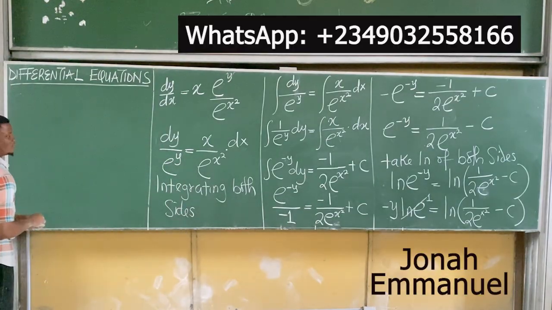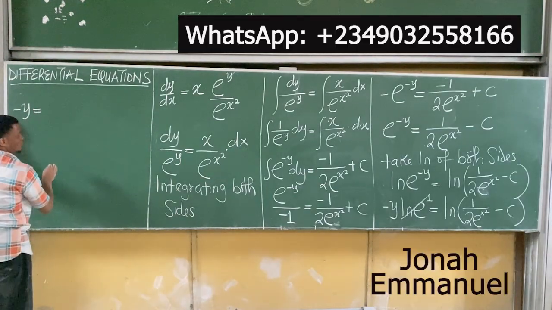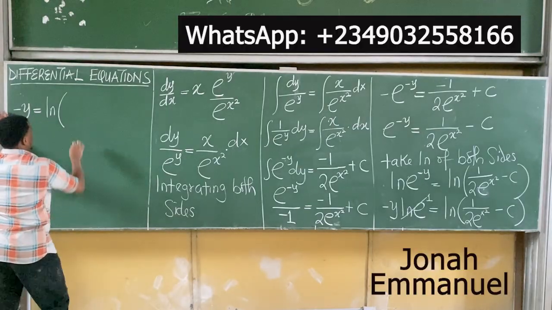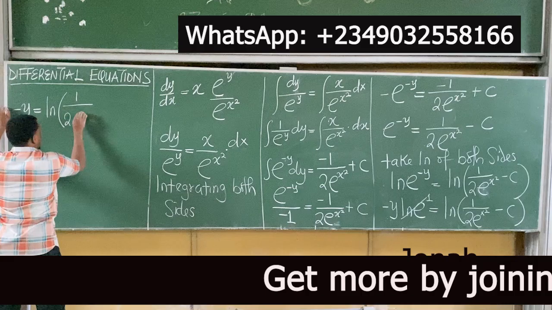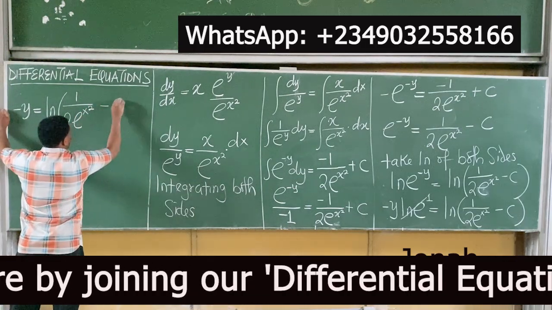If that is true, I will now have that minus y is equal to ln of 1 over 2 exponential x squared minus c.